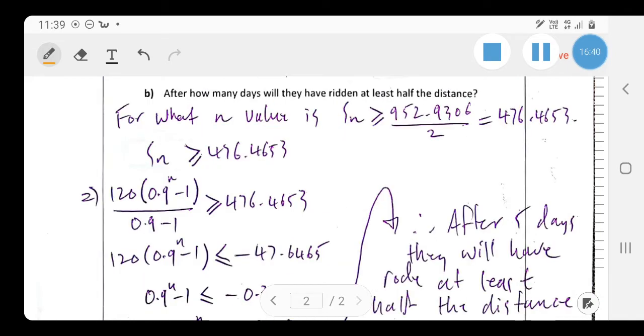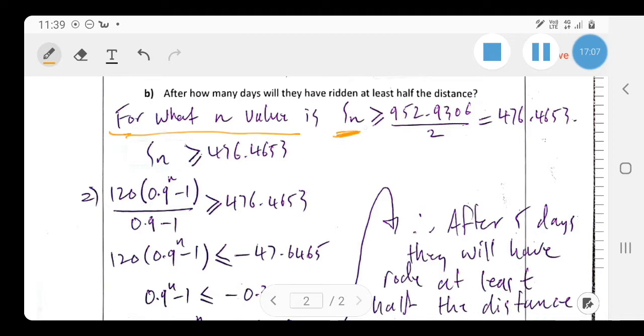All right, part B. After how many days will they have ridden at least half that distance? That distance being the distance that we just calculated, the total ridden over the full 15 days. In other words, for what n value is the following true?